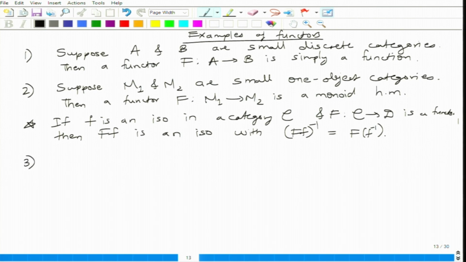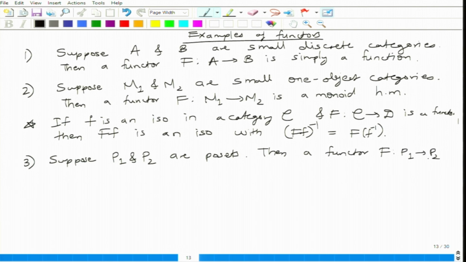Okay, so suppose P1 and P2 are posets, meaning partially ordered sets. Then a functor f from P1 to P2 is, what do you call it, a monotone map?